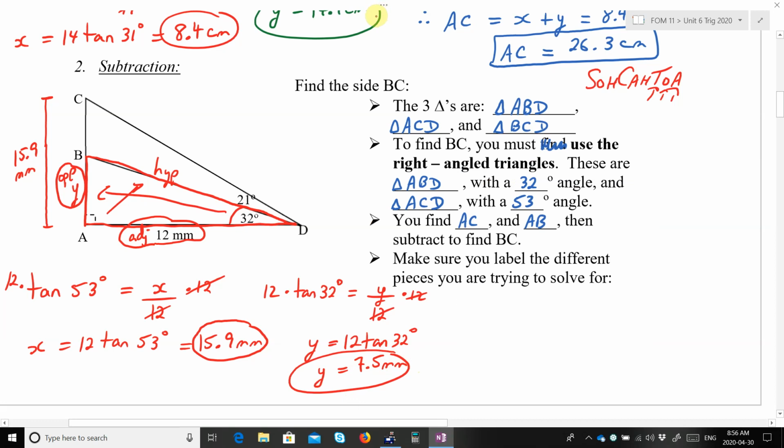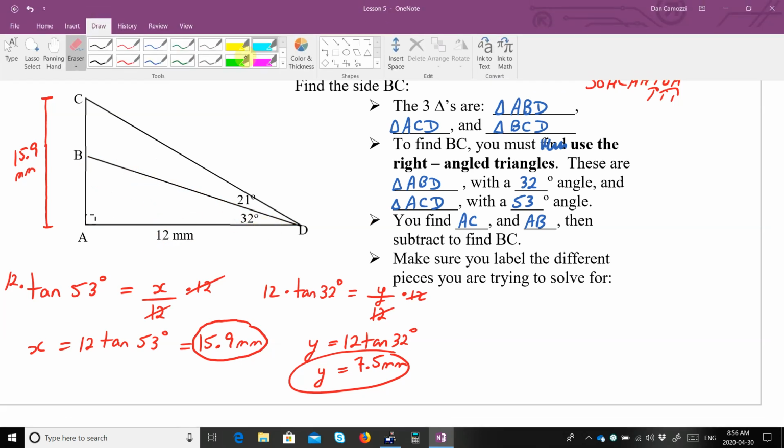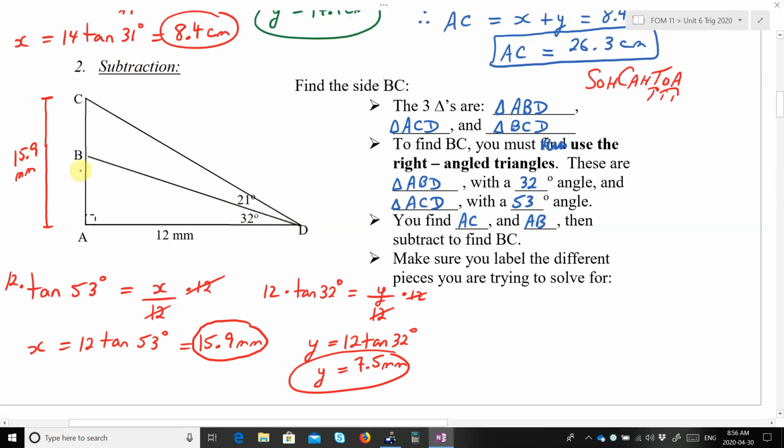We just figured out that that is 7.5 millimeters. So now perhaps I can erase some of the stuff on my diagram. So we just found that from A to B, that is 7.5 millimeters.